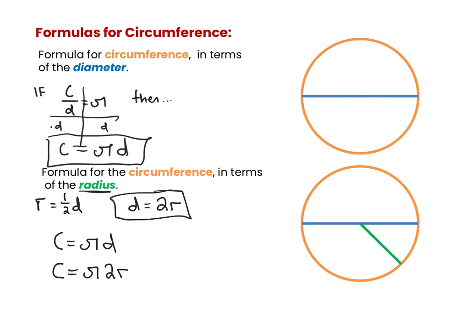And most typically, because multiplication is commutative, we write this as circumference equals 2 pi r. It is actually most common when you are looking for the formula for circumference that you will see this in terms of radius. And that's because the definition of a circle is a set of points that are the same distance, aka the radius, away from a center point. So most often when we are talking about circles, we will be talking about it in terms of radius.